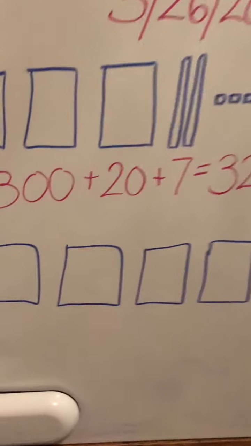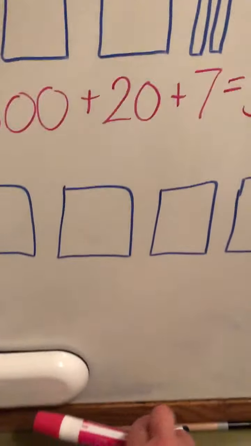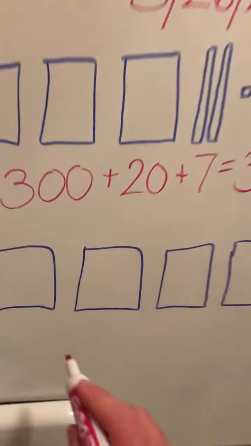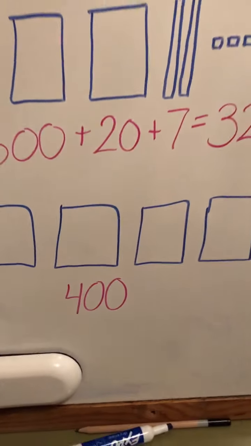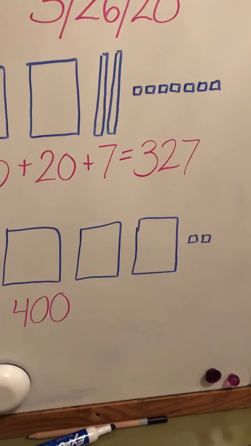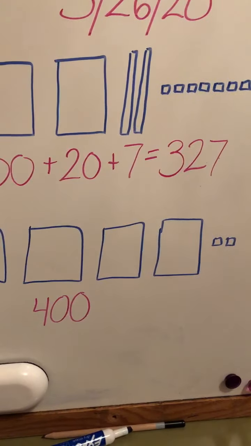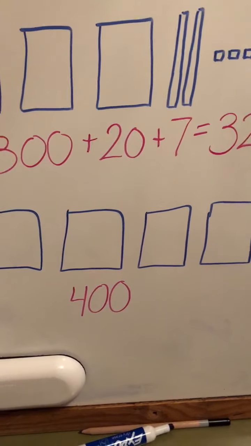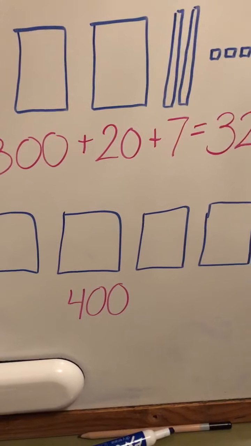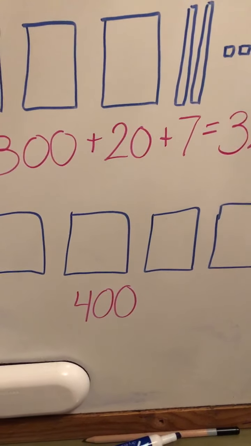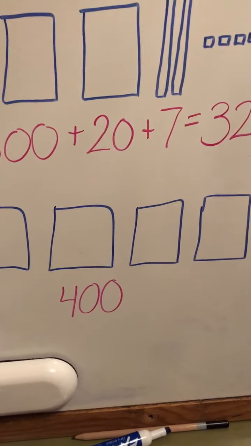Well, how many hundreds do we have? We have 4, which equals 400. Okay, and then how many 10 sticks? We have none. Now, if you would like to write plus 0, you can. Just to remind yourself, I don't have any tens here. You don't have to because it's going to come out the same either way.